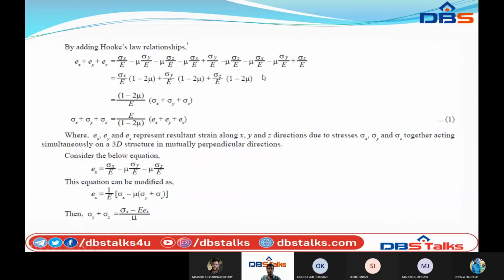This derivation was completed in the last class, but I am rewinding this complete derivation for doing plane stress and plane strain conditions.